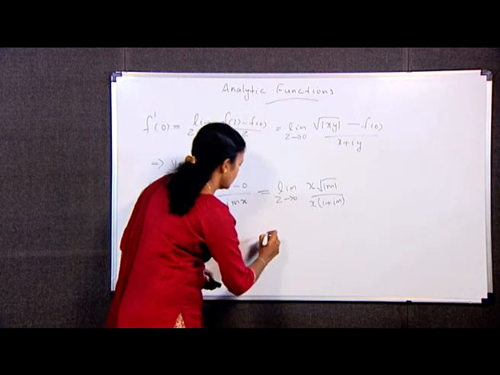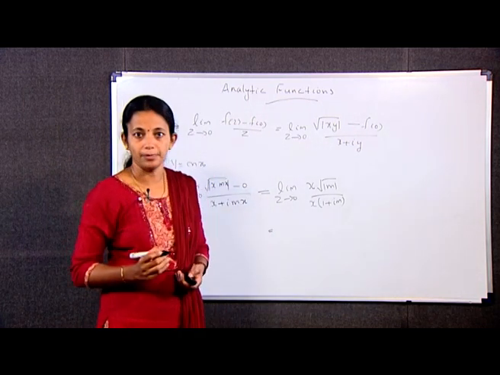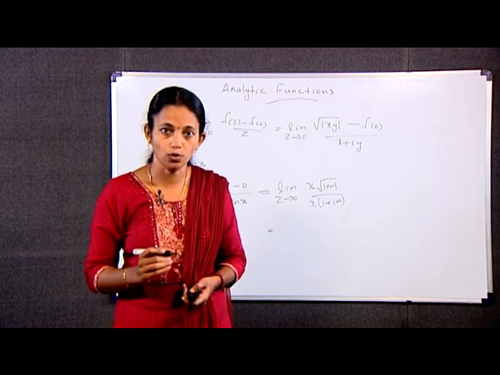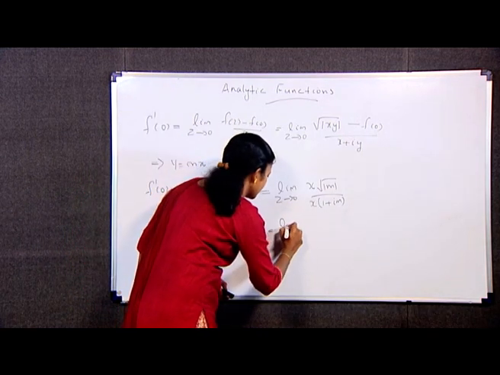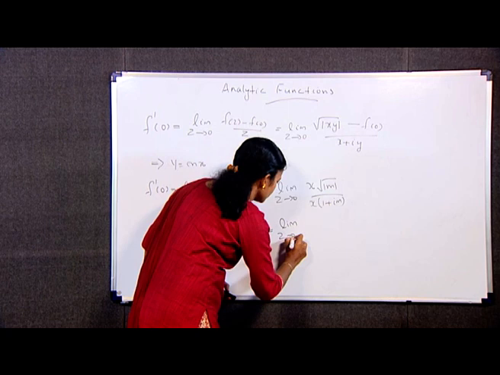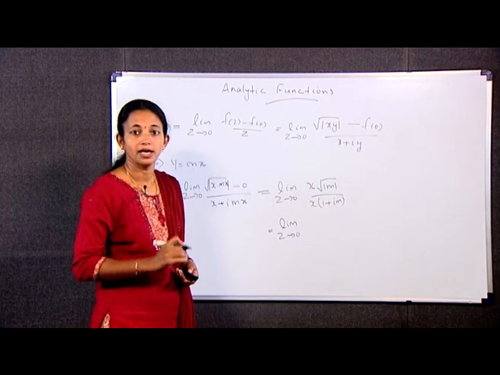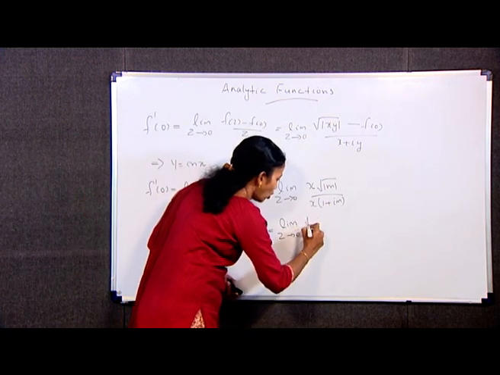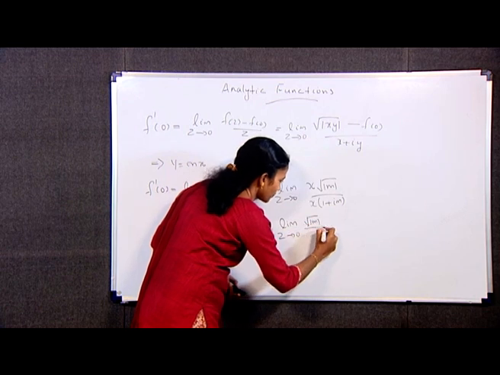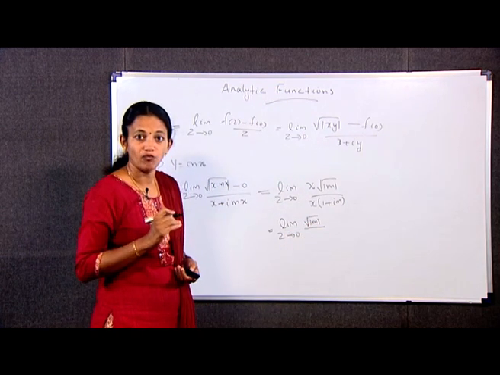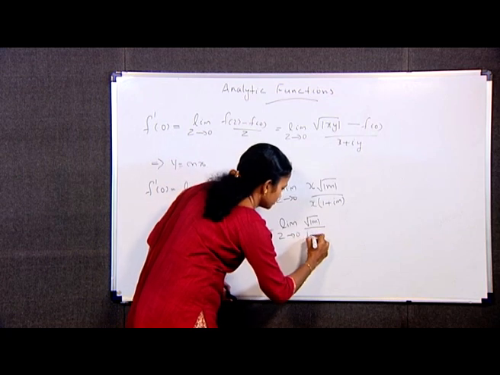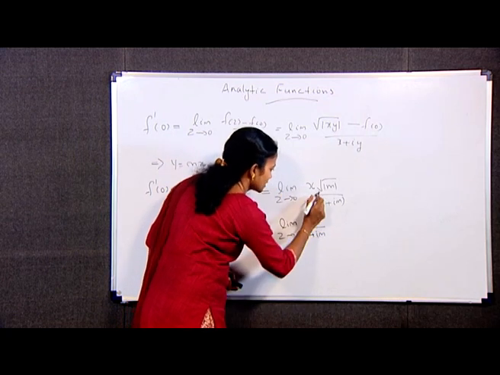This is equal to the limit z tending to 0, square root of mod m divided by 1 plus im. I can cancel this x and x.